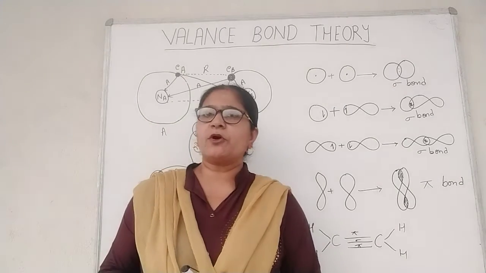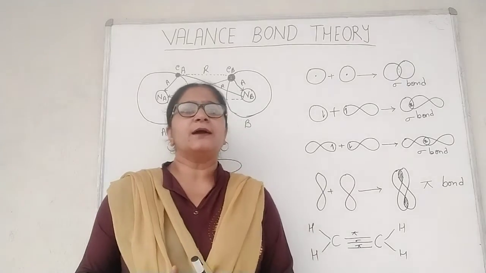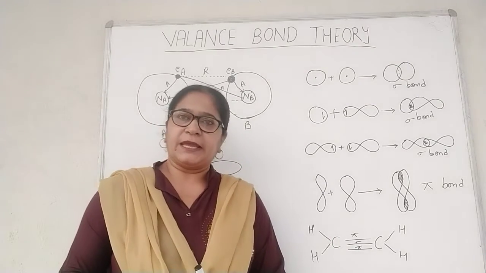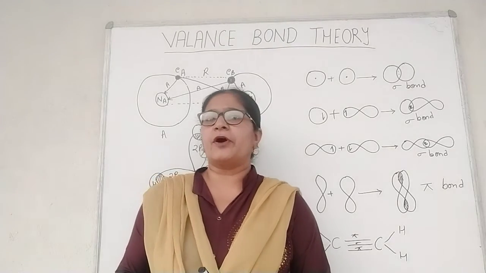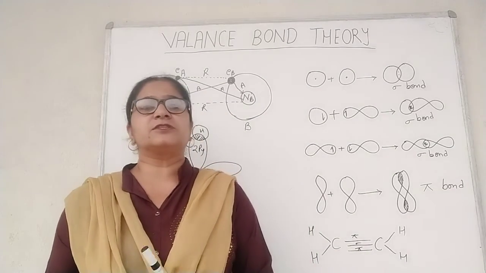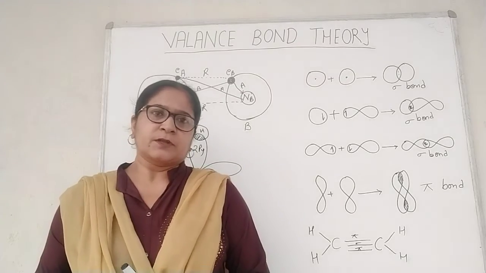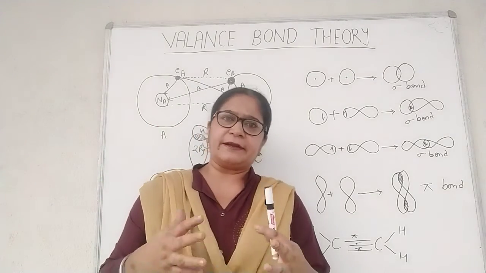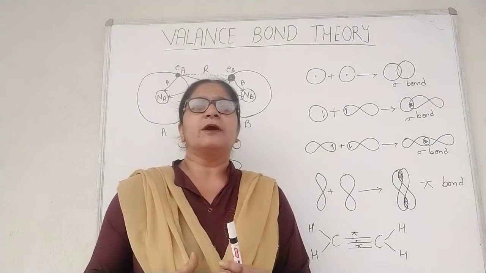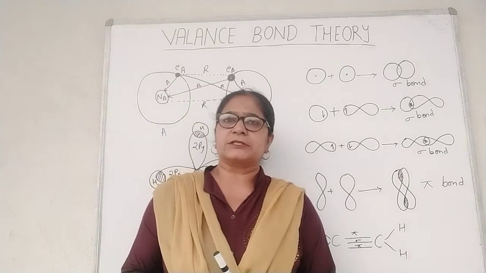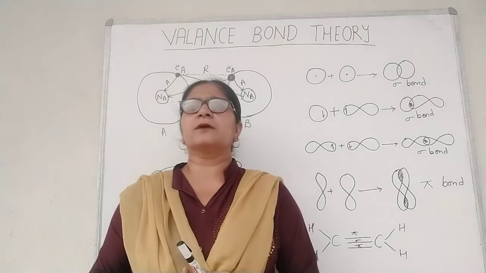The overlapping of orbitals extends to a larger area in sigma bonds than in pi bonds. Therefore, sigma bonds are stronger than pi bonds. The overlap criteria of orbitals apply equally to both diatomic and polyatomic molecules.